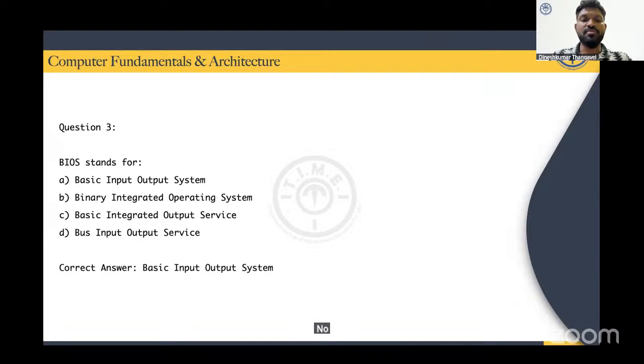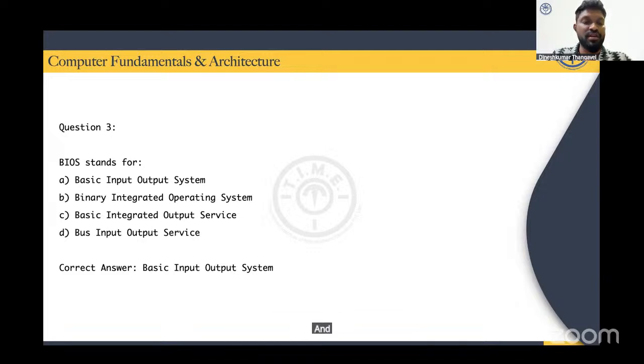Now, what does BIOS stand for? The correct answer for this question is Basic Input Output System. BIOS is a very basic but guaranteed exam question. BIOS is firmware that starts the computer, checks hardware, loads the operating system.